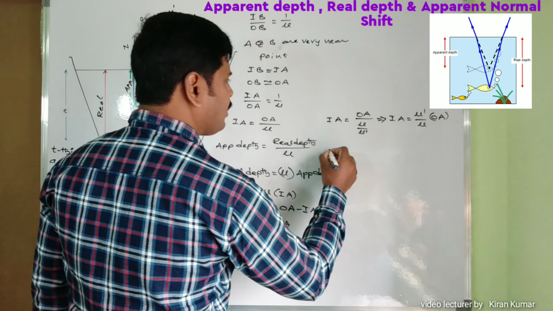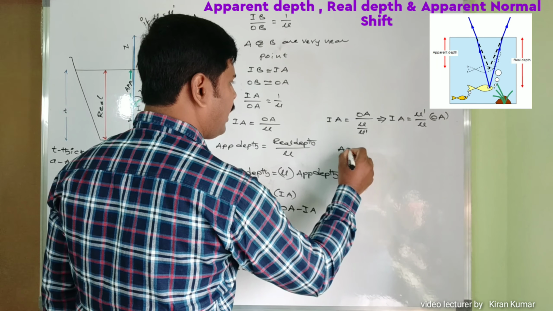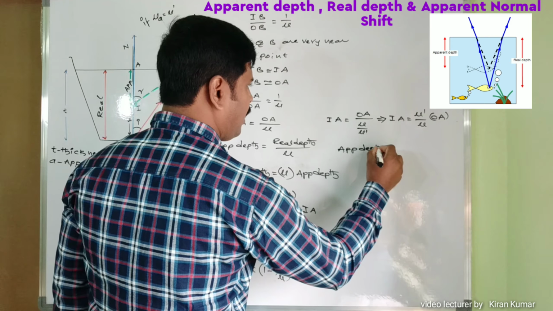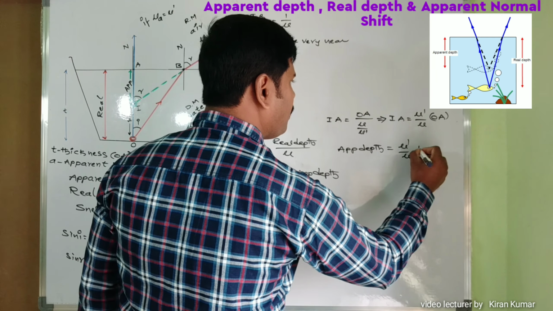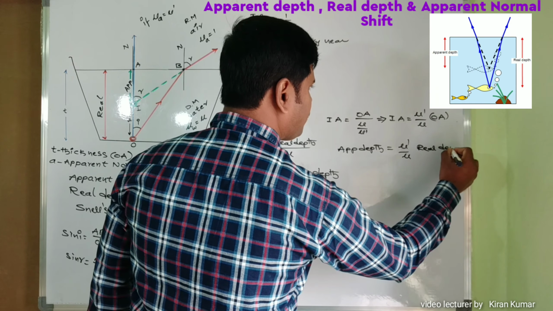Okay, and here we can also write apparent depth equals mu dash divided by mu into real depth.